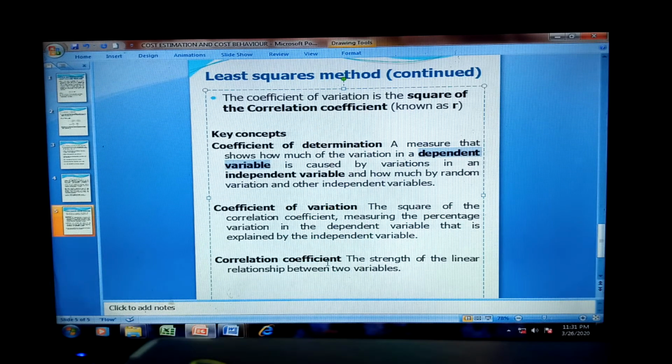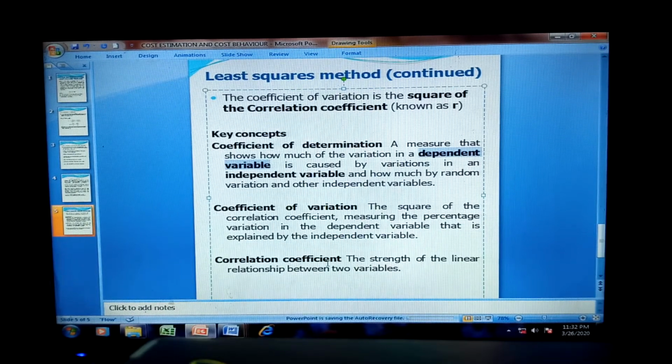So I look at my dependent variable and the independent variable, then I determine that correlation coefficient. How strong, or how can we reliably measure the values of the dependent variable by using information about our independent variable. So that is the least squares method.